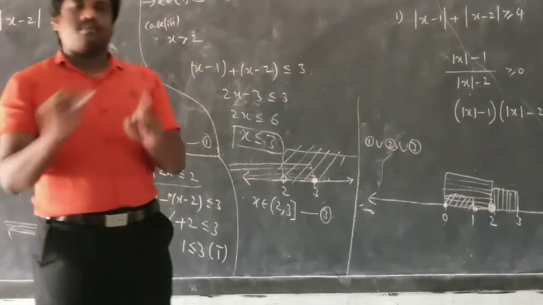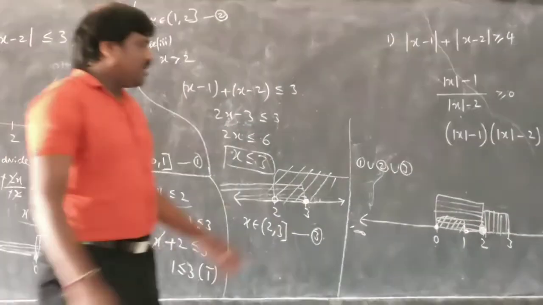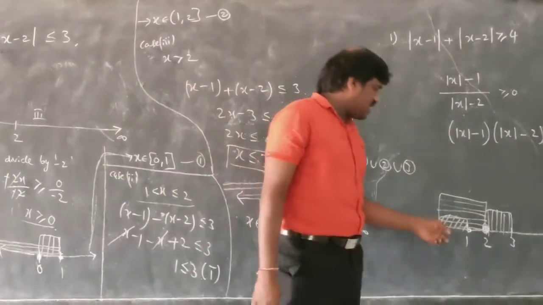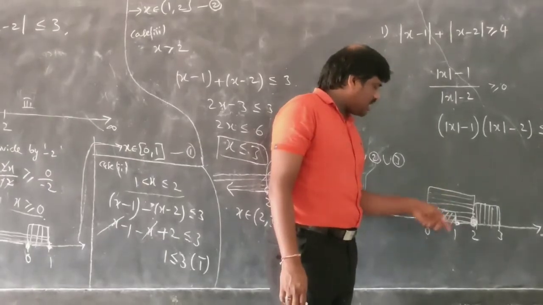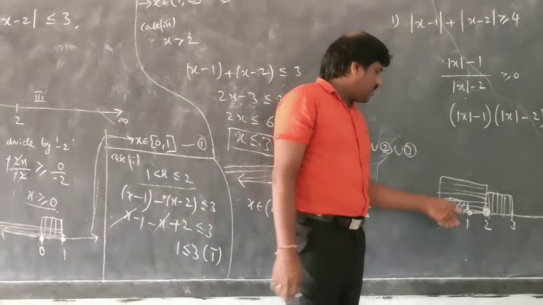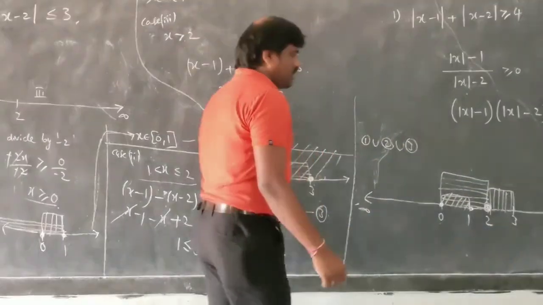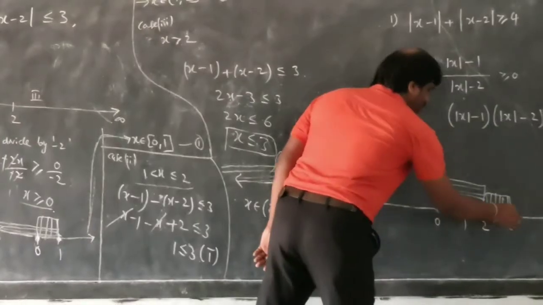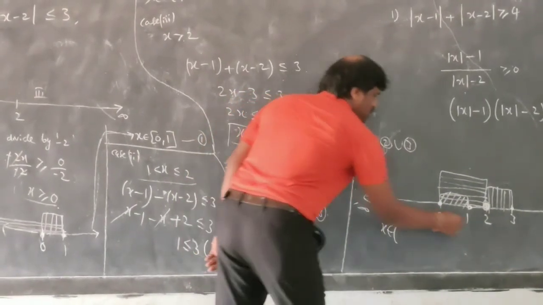Union means the shaded place. Intersection means all combined place, where the vertical line and horizontal line intersect, but there is no such combined place. But if you see the union, it means all these answers. So from 0 to 3, all this will be the answer. So the final answer is x belongs to 0 to 3.